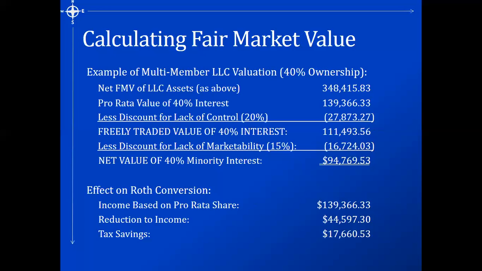Well, no. You file the appraisal with your income tax return saying, this is the value of those interests that I converted, and you rely on the appraiser to tell you what that value is. You can't choose 95,000, you really can't choose 100,000. There's no basis for that. Your only basis for the value is the appraisal that you get.